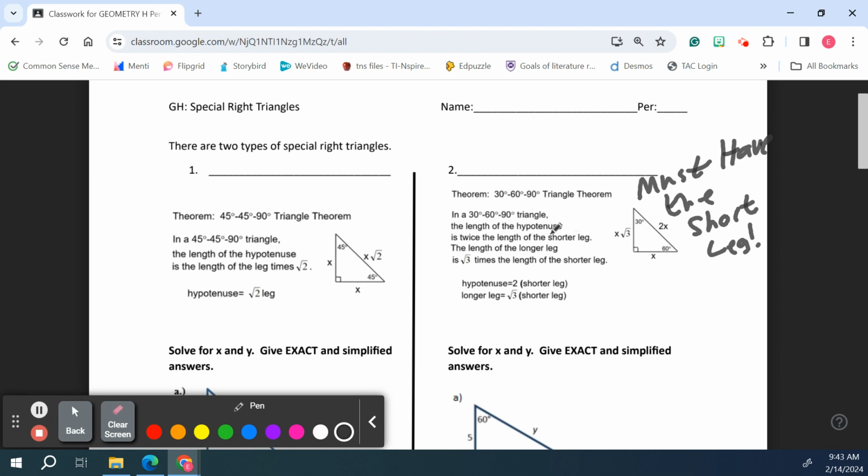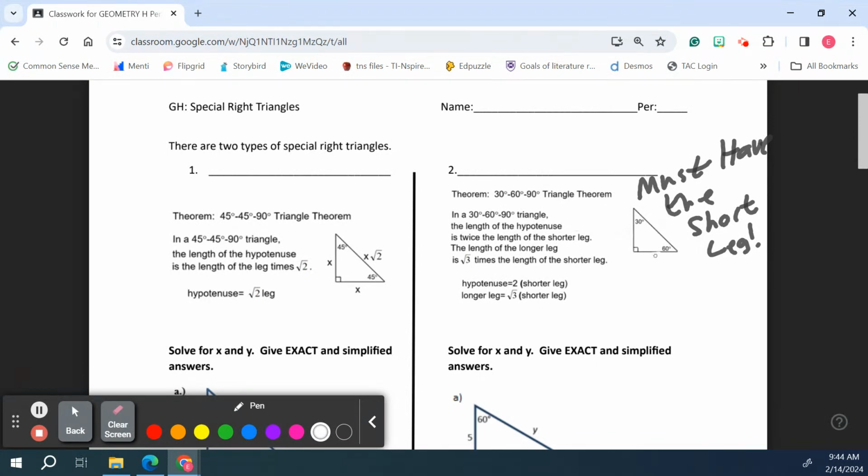Okay, now riddle me this. Now, how do you identify it? Because of the angle. Okay, which angle? 30. That is how you find the short leg. Remember last topic, we said, hey, these side lengths go in order based off the angles of the triangle.